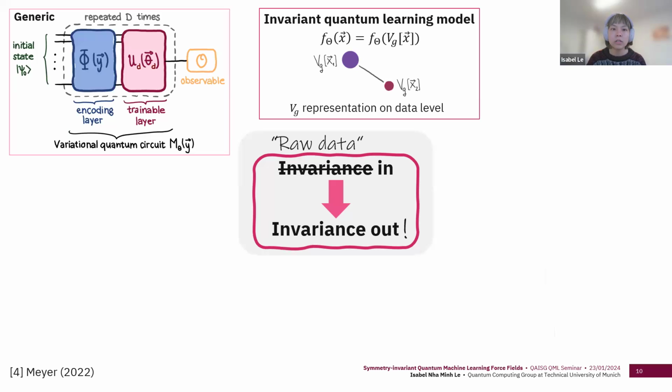So here we call this symmetry representation on the data level V_g. That means this is how a certain symmetry element acts on the Cartesian coordinates. And in the following, we will denote the corresponding symmetry's action on the Hilbert space with R_g. So this would be how this exact symmetry element would act on the qubits.